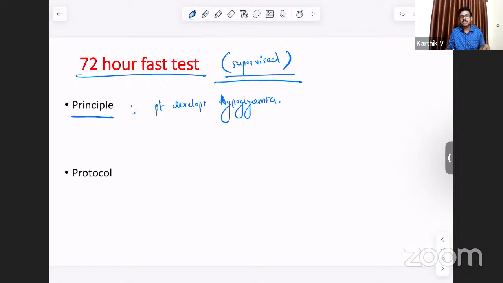In such individuals, even for 72 hours, the body would be able to maintain the blood glucose with adequate glycogenolysis initially and later gluconeogenesis. So we want to see if the patient develops hypoglycemia within the 72-hour period during the fast. Normal individuals won't develop hypoglycemia during this 72-hour fast.